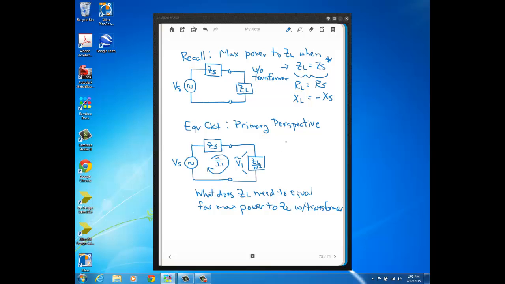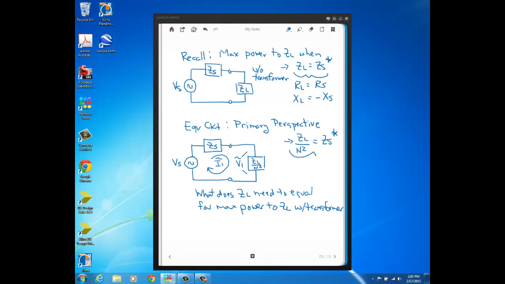So with a transformer, what you're going to end up with is that ZL over N squared has to be the complex conjugate of ZS. The only difference between the without-transformer case and the transformer case is that 1 over N squared factor that we talked about. So what does that mean?